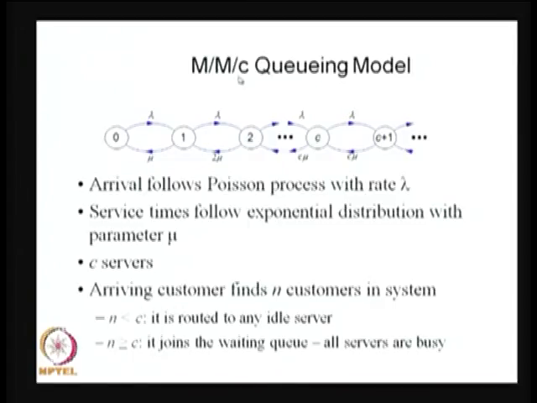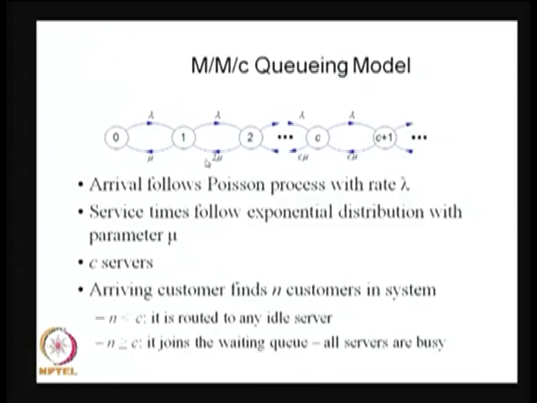With these assumptions, if you define the random variable X of t as the number of customers in the system at any time t, that is a stochastic process. Since the possible values of the number of customers in the system at any time t are 0, 1, 2 and so on, it is a discrete state, and since you are observing the queuing system at any time t, it is a continuous time.